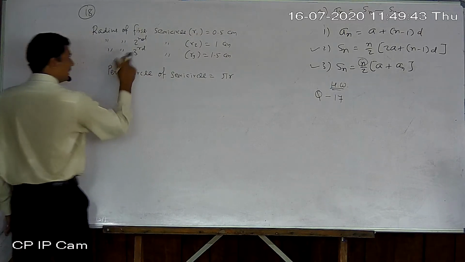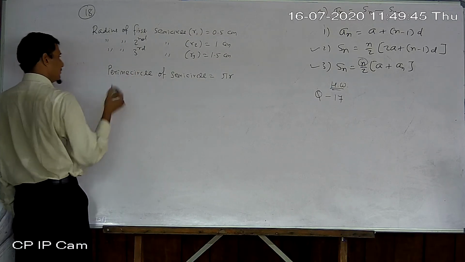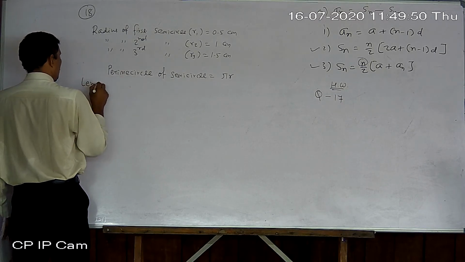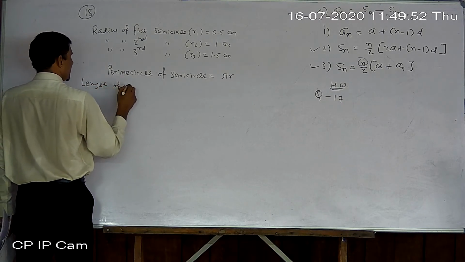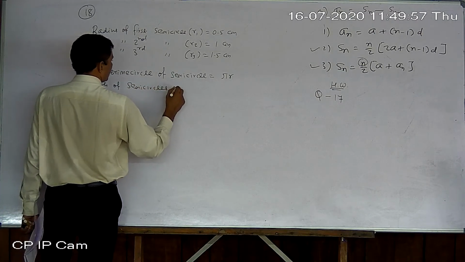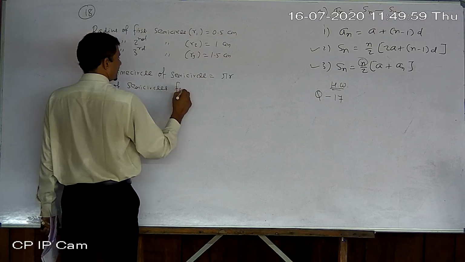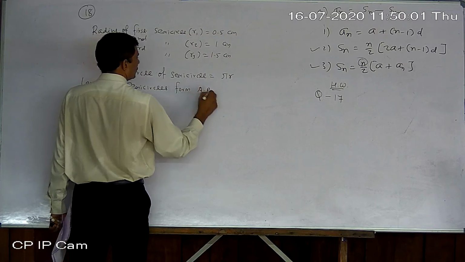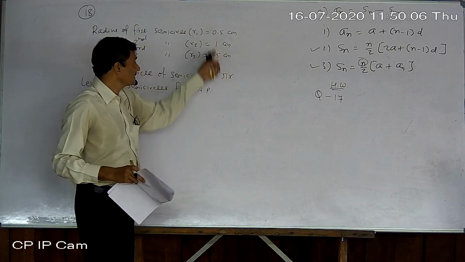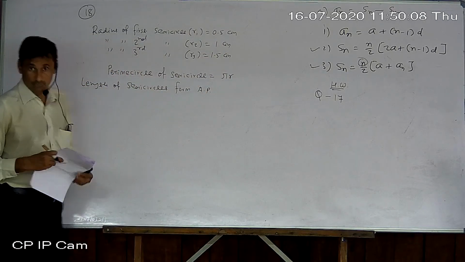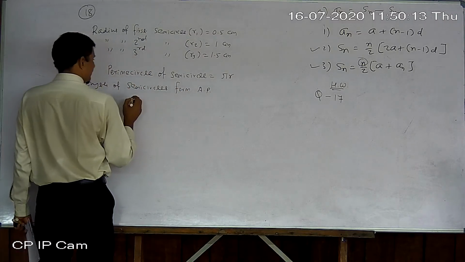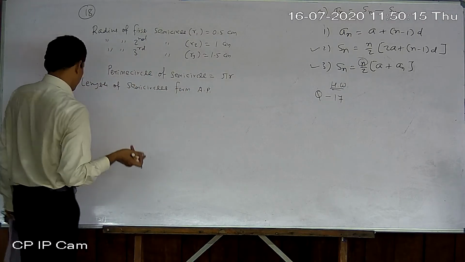Now look, the length of the semicircles. Let's write down directly the length of the semicircles from the AP. How? Just place the value of r. It is given here. So pi r1, pi r2, pi r3. It will be the aggregate total of these.